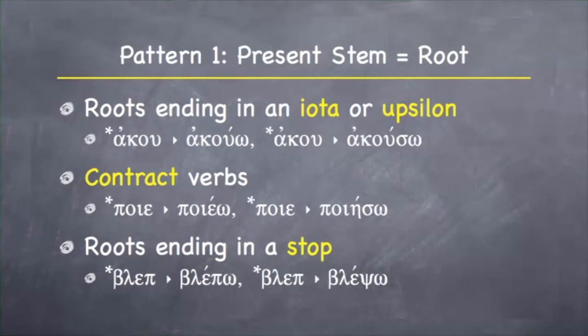Contract verbs are verbs whose roots end in a vowel, and so the root poiet goes to poieo in the present and poieso in the future. And roots ending in a stop are pattern 1 verbs. And so you have a root like blep that shows itself in the present as blepo and in the future very regularly as blepso.